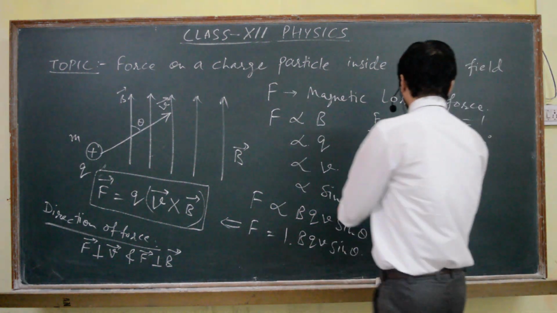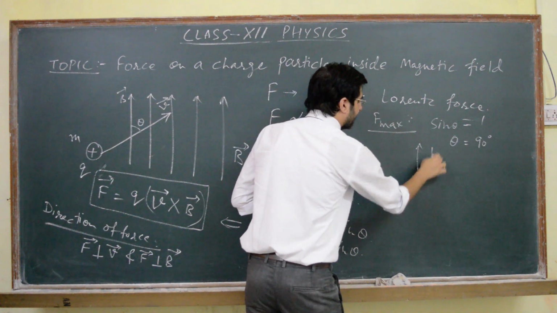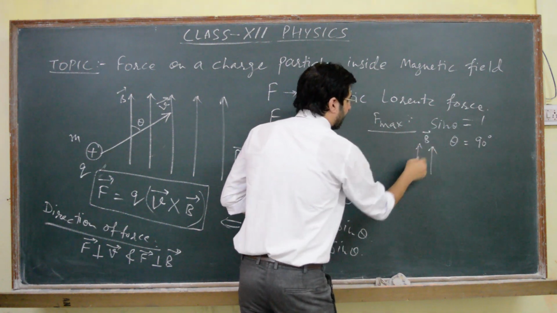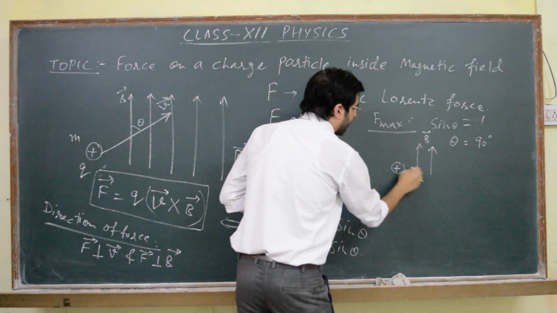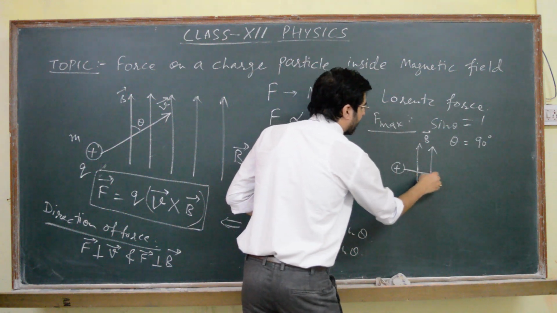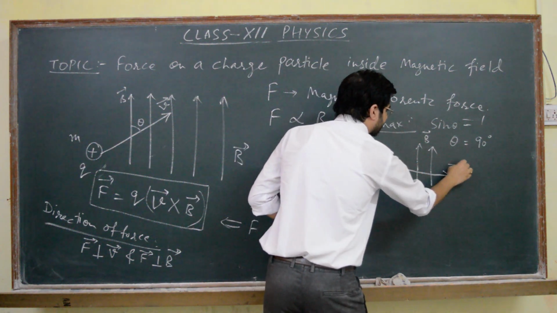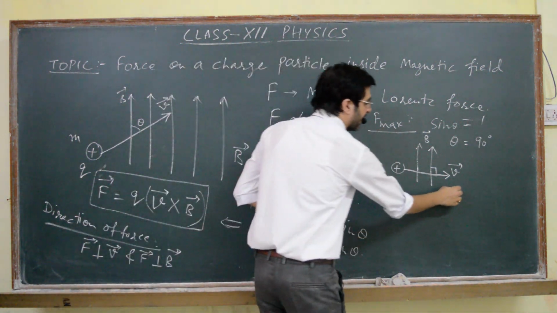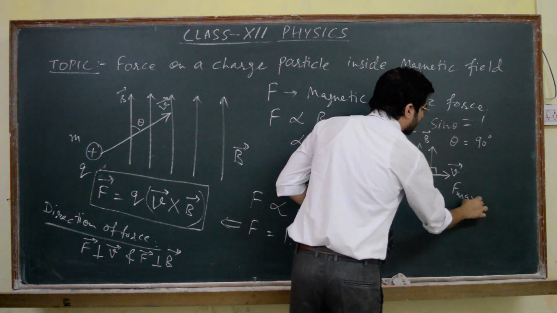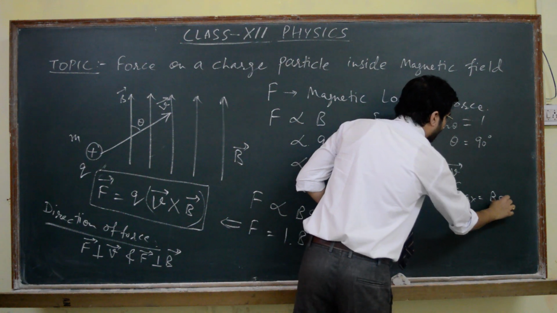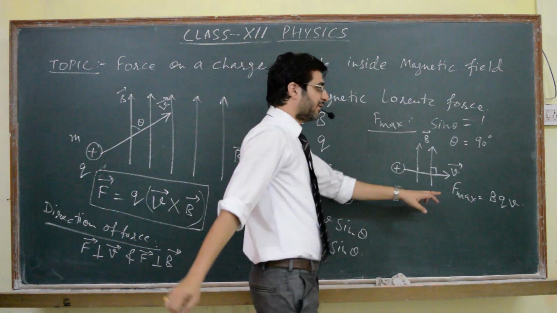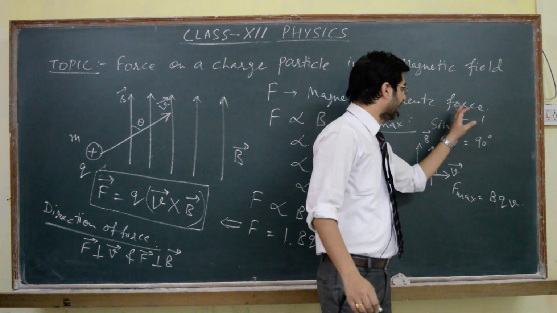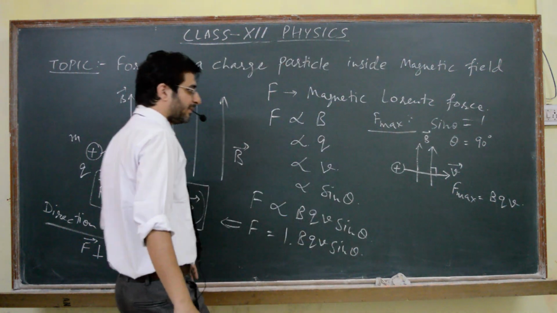That means if the charged particle enters the magnetic field perpendicularly, then the force will be maximum. And what will be that maximum force? The magnitude of maximum force will be BQV, since sine 90 is 1.